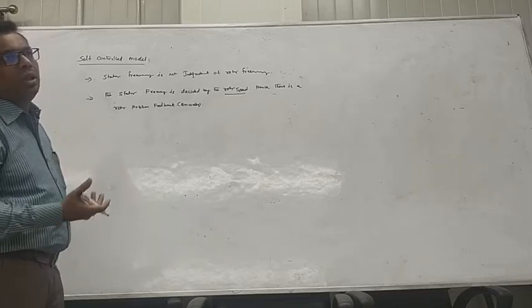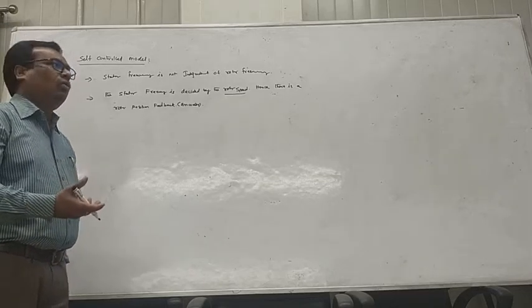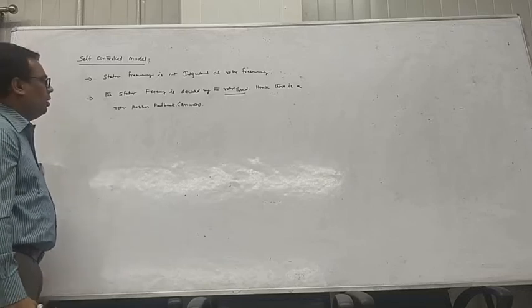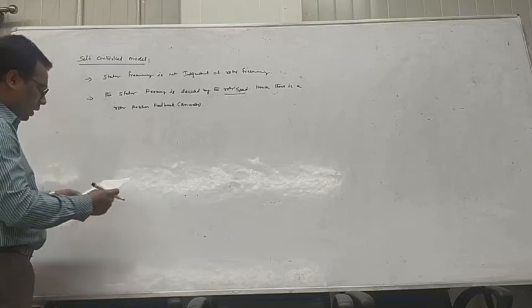To find out the rotor speed, we need some rotor encoder or rotor sensor. So there is a rotor position feedback, which means an encoder. To find out the rotor position or rotor speed, we need rotor position feedback.